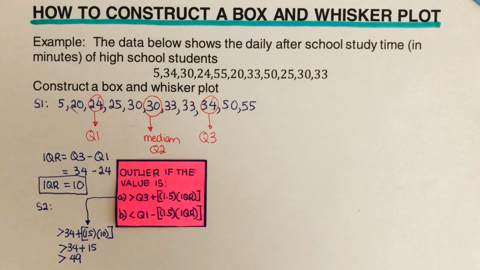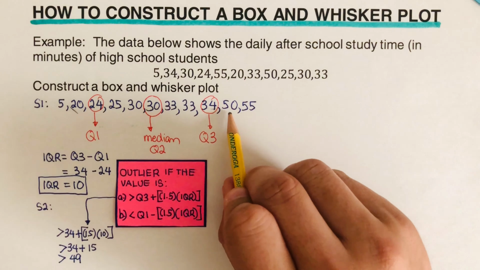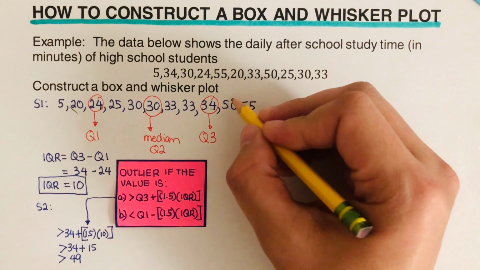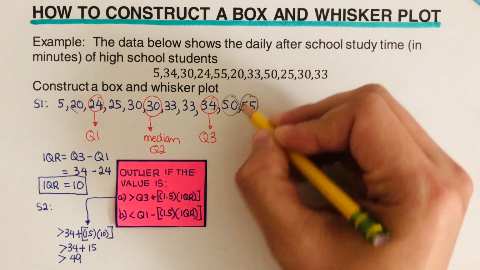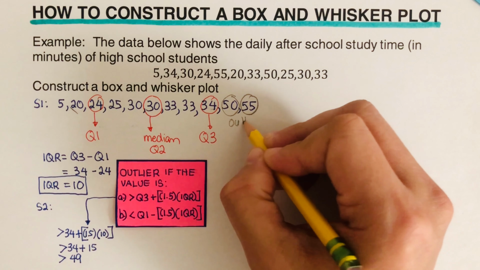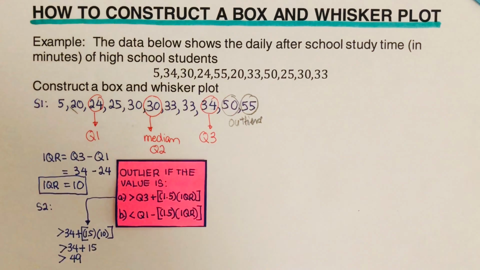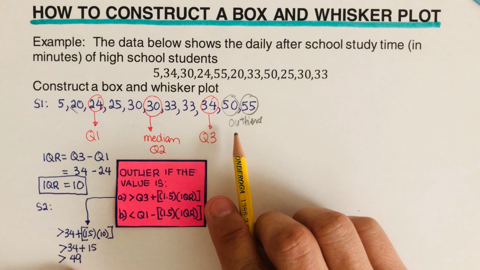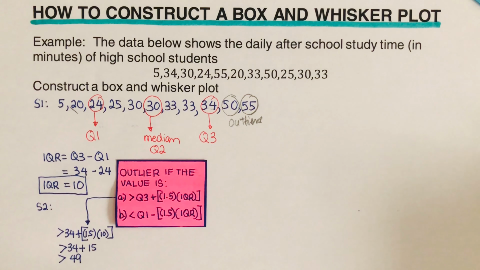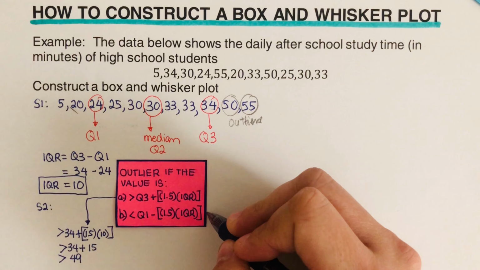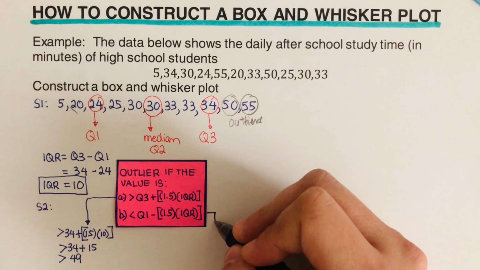So in this case right here, we can consider 50 and 55 as greater than 49. So these two right here are our outliers. I'm going to label that. These are our outliers, because they are both greater than 49. Now let's see what are those considered way too small compared to the rest of the values.